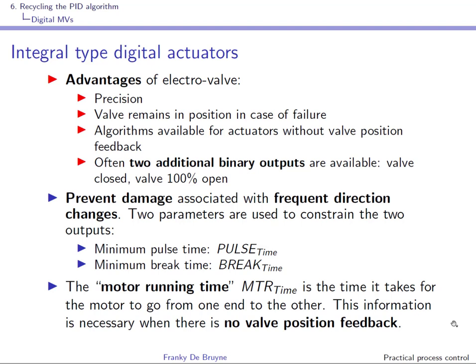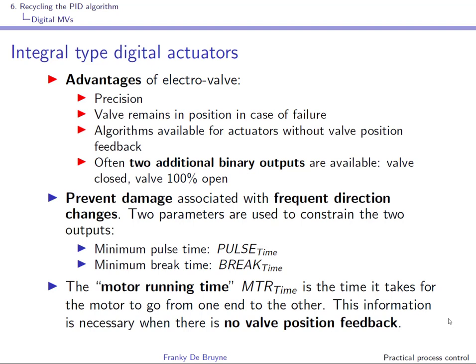It offers precision, and the advantage is that in the case of failure, well, electrovalves will remain in position, and this can be useful for some applications. Some electrovalves offer two additional binary outputs that tell you if the valve is closed, right, or 100% open, and these binary outputs can be used for control.